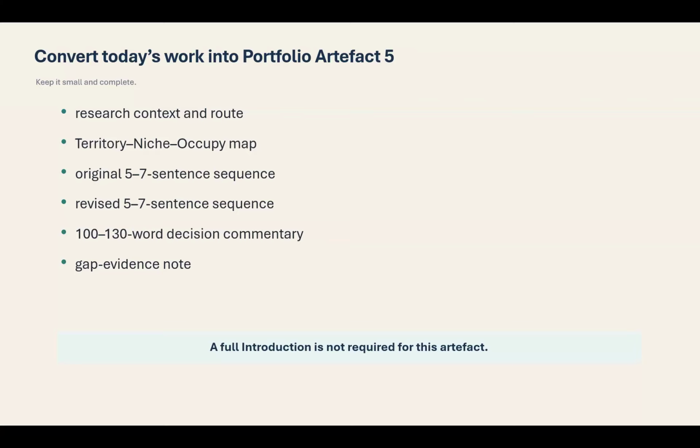I think one thing is, whenever we do this kind of activity, it makes the research clearer to us.